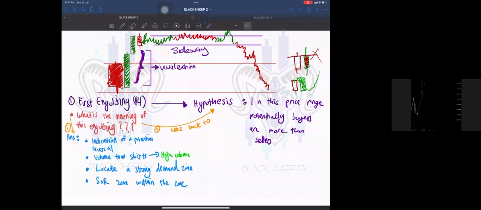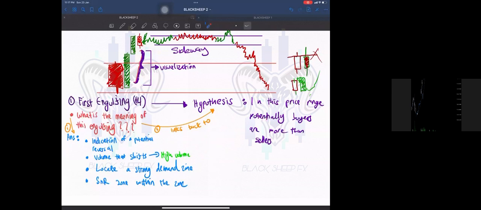Secondly is, we can use engulfing as a tool to locate where the volume is shifting. Meaning, with engulfing, we are able to locate high volume zones. So when we get to trade in a high volume zone, we ought to be making bigger pips, 60 to 150 pips.